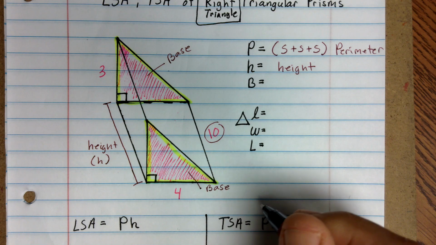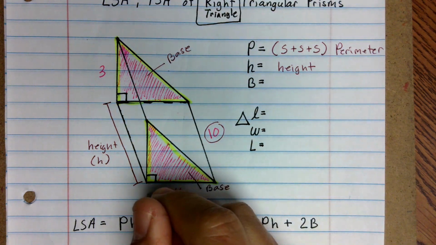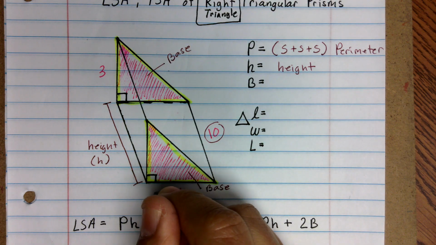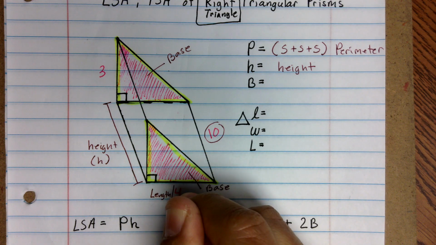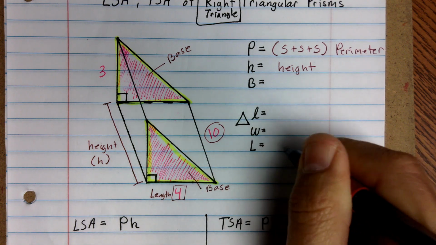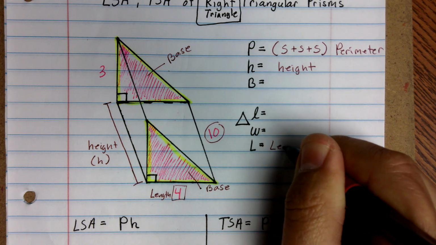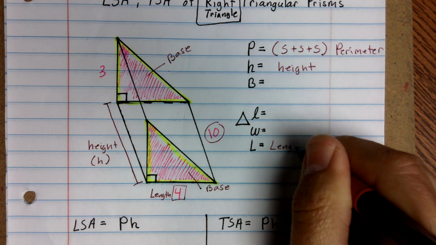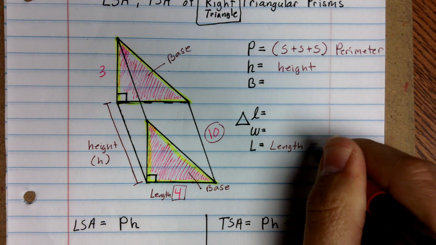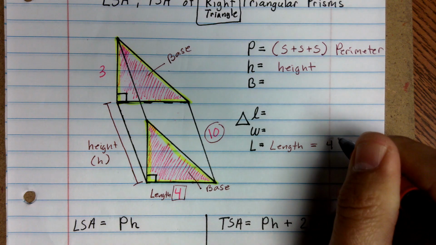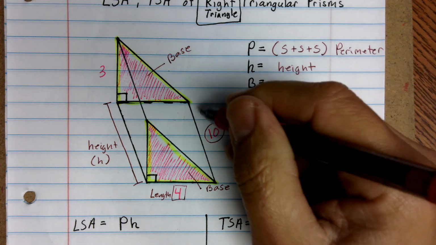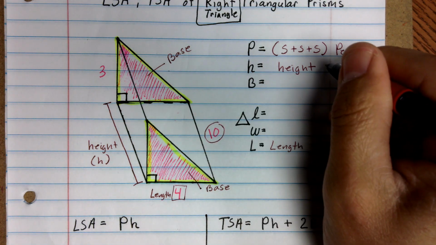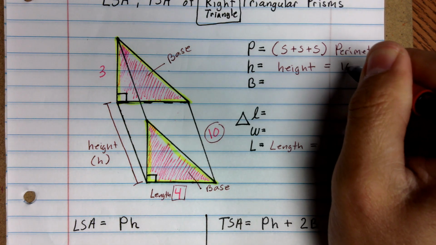I'm going to call this one down here, the long one, the length, and that's going to be equal to 4. As we said before, the height was equal to 10.